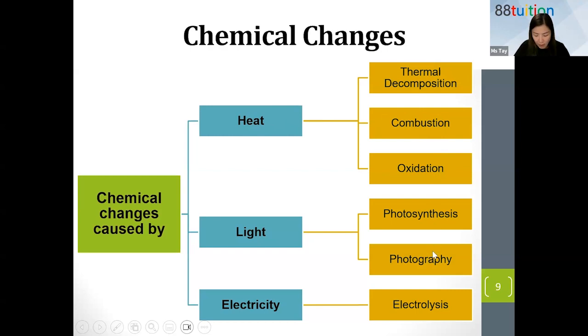For photosynthesis and photography, the necessary condition will be light. If light is not there, the reaction cannot take place. Electrolysis, of course, requires the presence of electricity. So far, so good. Are you following? Yeah, good. Thank you, Enla.